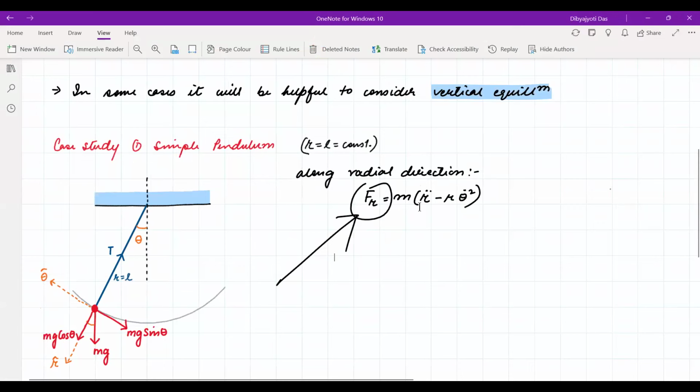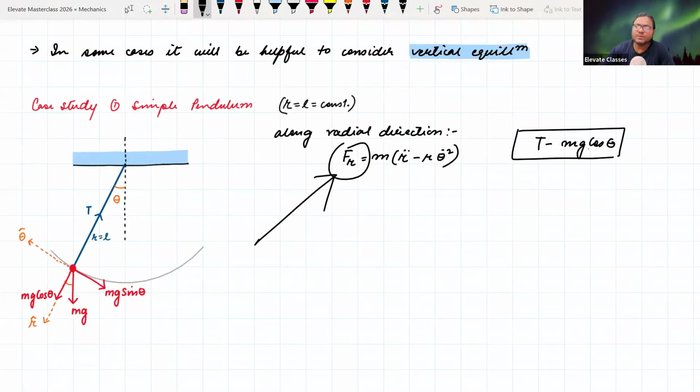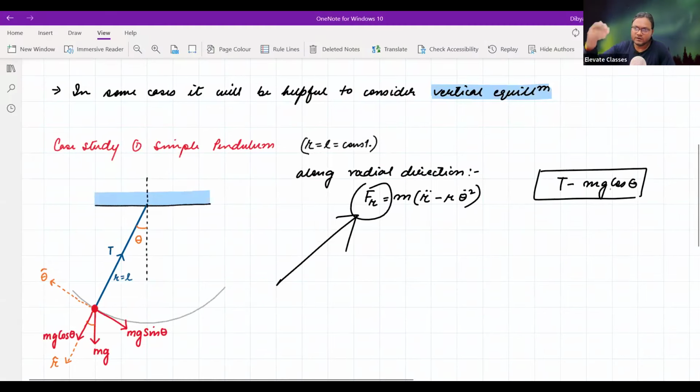T minus mg cos theta. T minus mg cos theta. Look, this is a very simple mistake that you have made, but it is really going to cause trouble in the further calculations. Because I told you a while ago that whether you make a force positive or negative depends upon the direction of the axis, and the axis is positive only in a specific direction.